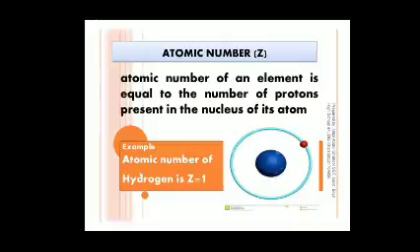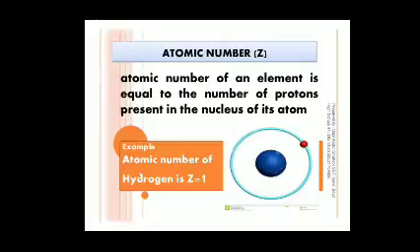In AMU, it is 1.0086 AMU. The specific charge of a neutron is 0. These are the fundamental particles and their properties.